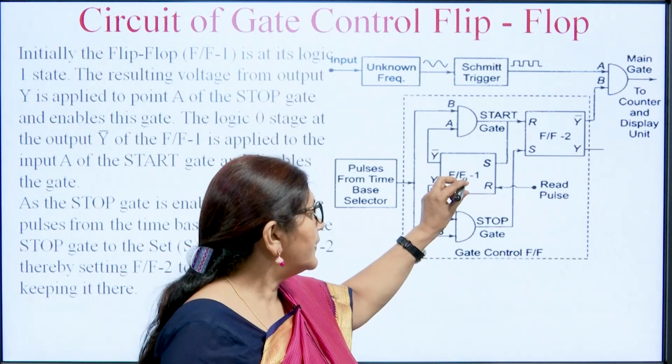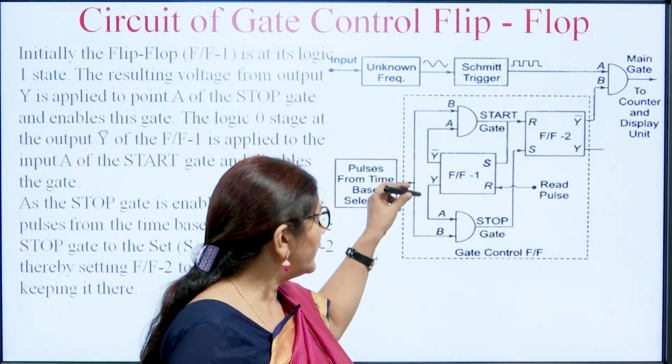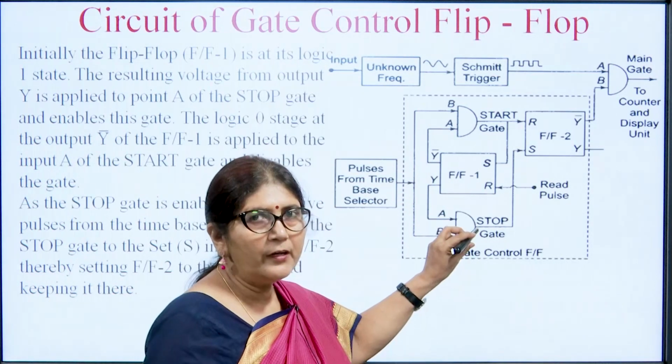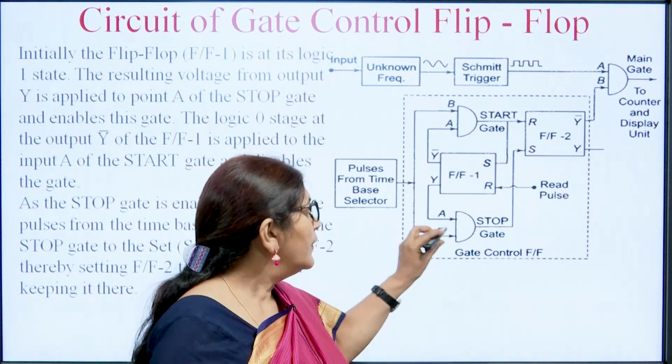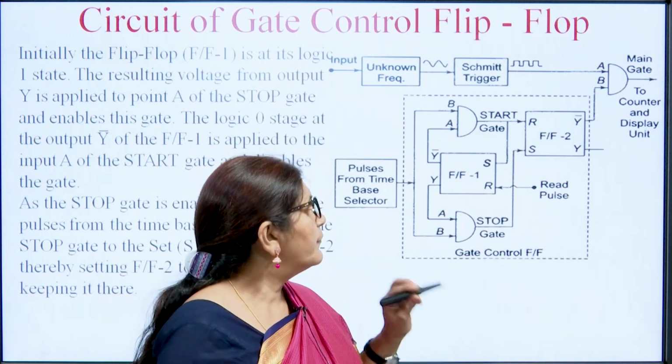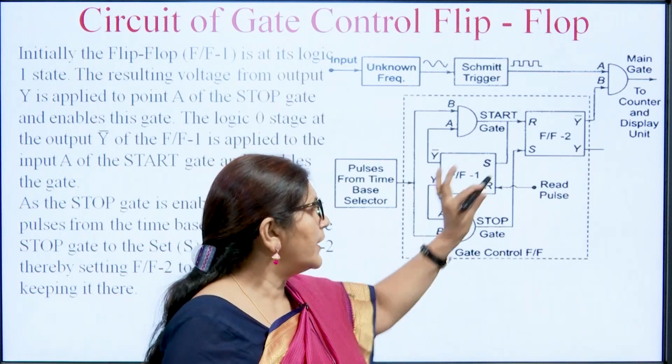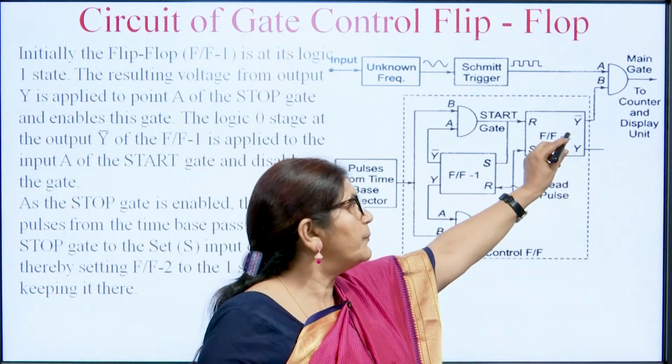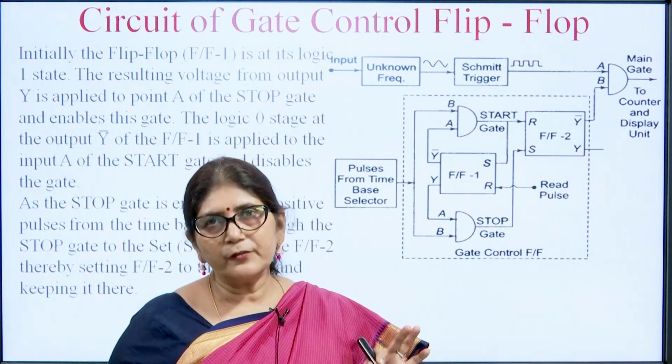When it is in set state, Y is high and the stop gate is on, with both inputs high. So the stop gate sets flip flop 2, Y is high, Y bar is low, and the main gate is not functioning.